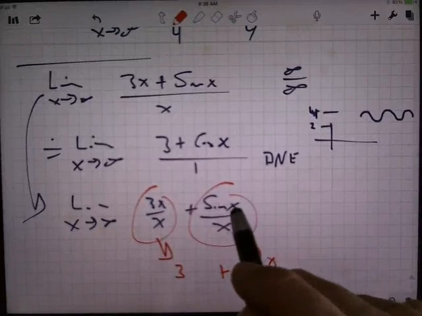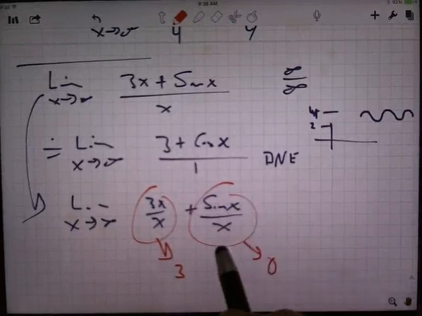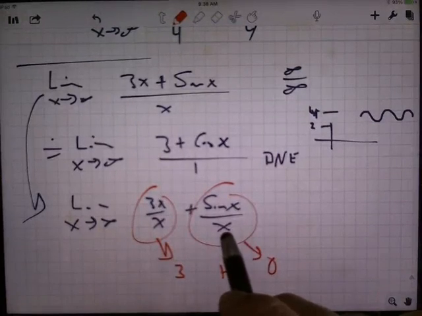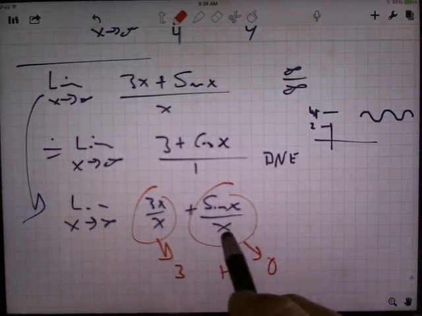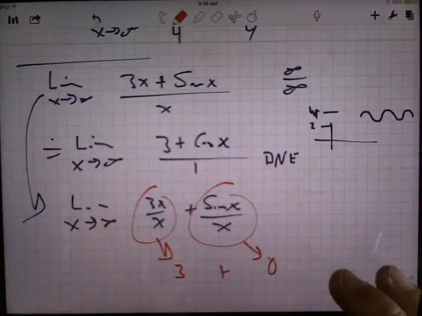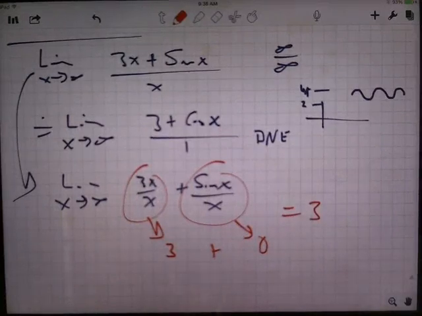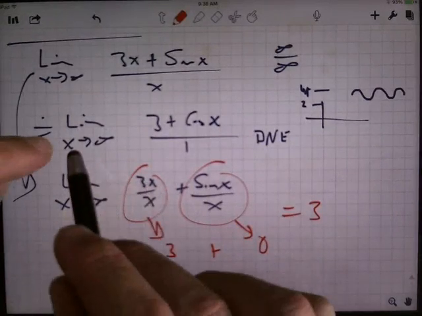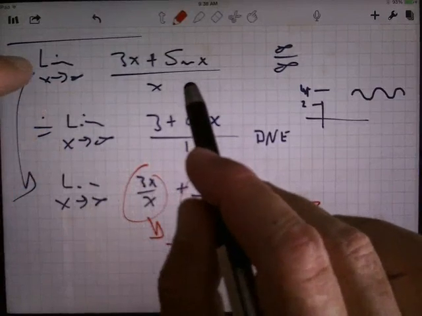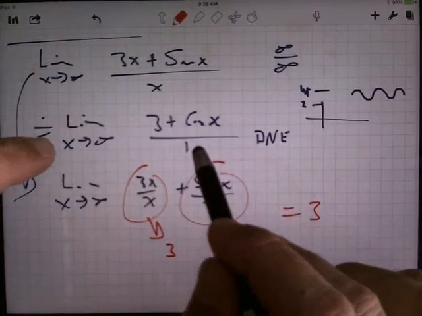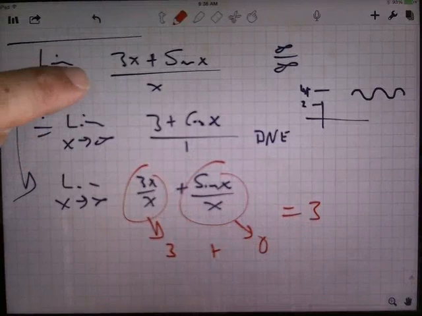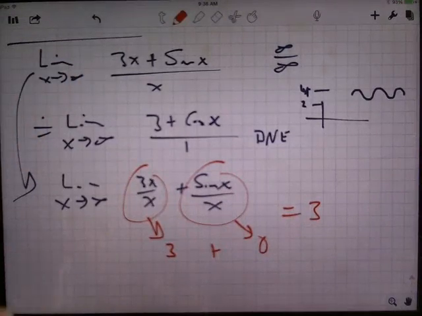The numerator is bounded between 1 and minus 1. The denominator is getting really big, so you have essentially a really small numerator divided by a big denominator. That's going to be 0, and so this limit is equal to 3. I show this example because L'Hopital's rule says if this limit exists, then it's the same as the one you started with. But if this limit doesn't exist, it doesn't tell you anything about this one. You have to go back and find another way of doing that limit.